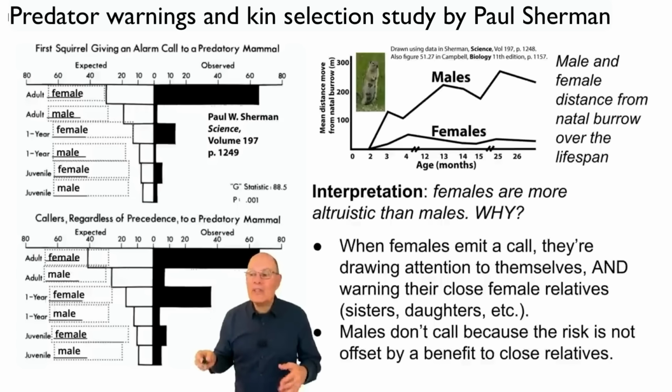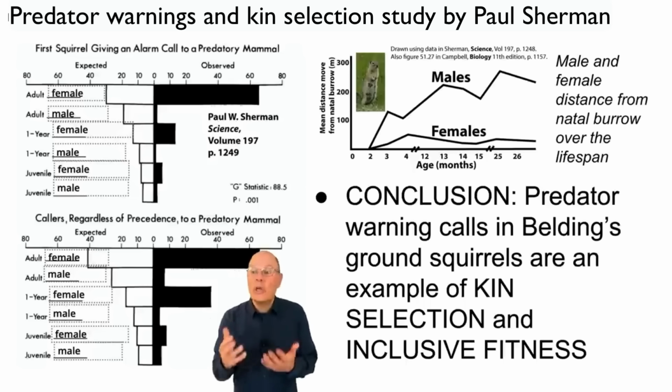When females emit a call, they're drawing attention to themselves and warning their close female relatives, their sisters, their daughters, their female cousins. The males don't call because the risk to themselves is not offset by a benefit to their close relatives. So the conclusion is that predator warnings in Belding's ground squirrels are an example of kin selection and inclusive fitness.